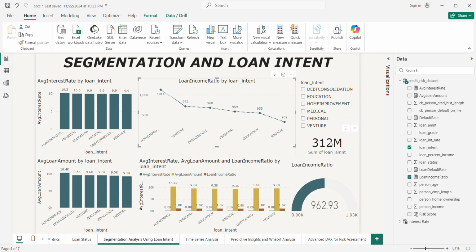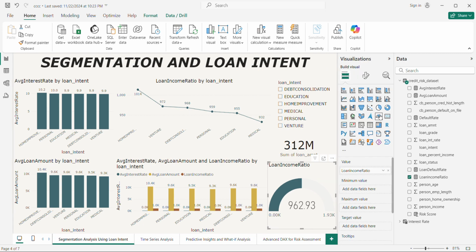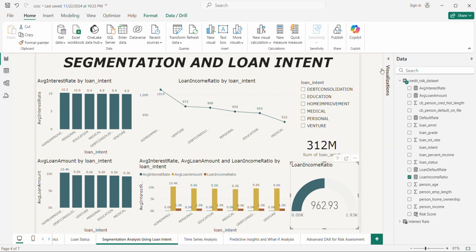There is also a sum of loan amount card, around 312 million. There is a column chart of average interest rate, average loan amount, and loan income ratio, and a gauge of the loan income ratio of around 962.